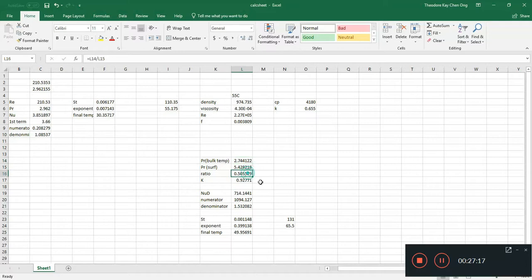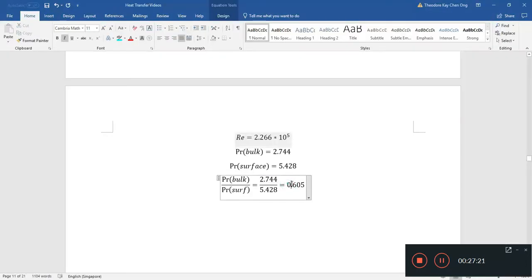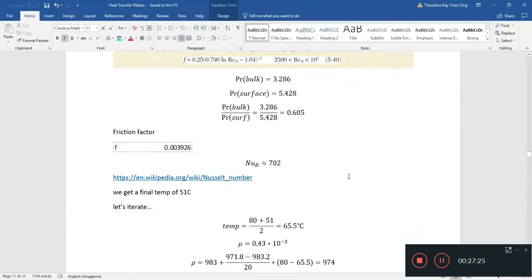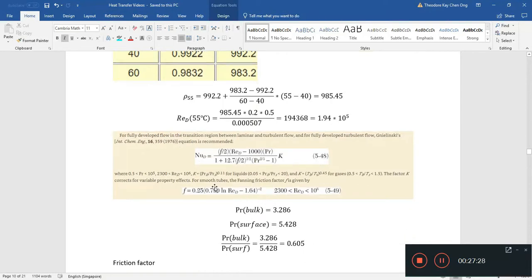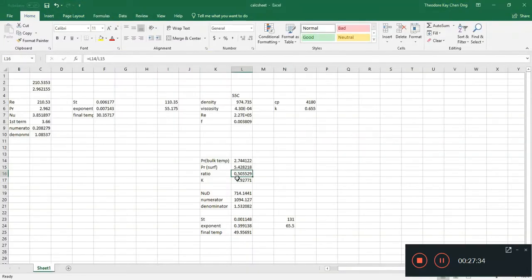So we are within the correct ratio. 0.5055. So you see the ratio that we need is 0.05 to 20. So 0.5 is about there. So we have our K value. Because of Excel, thankfully, we have 0.9277. So that becomes our new Prandtl number.